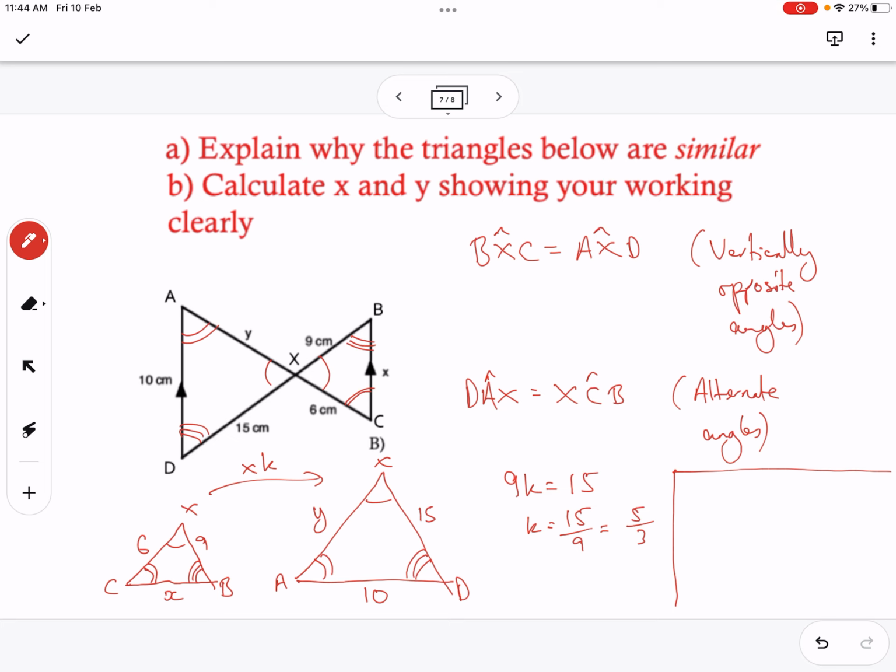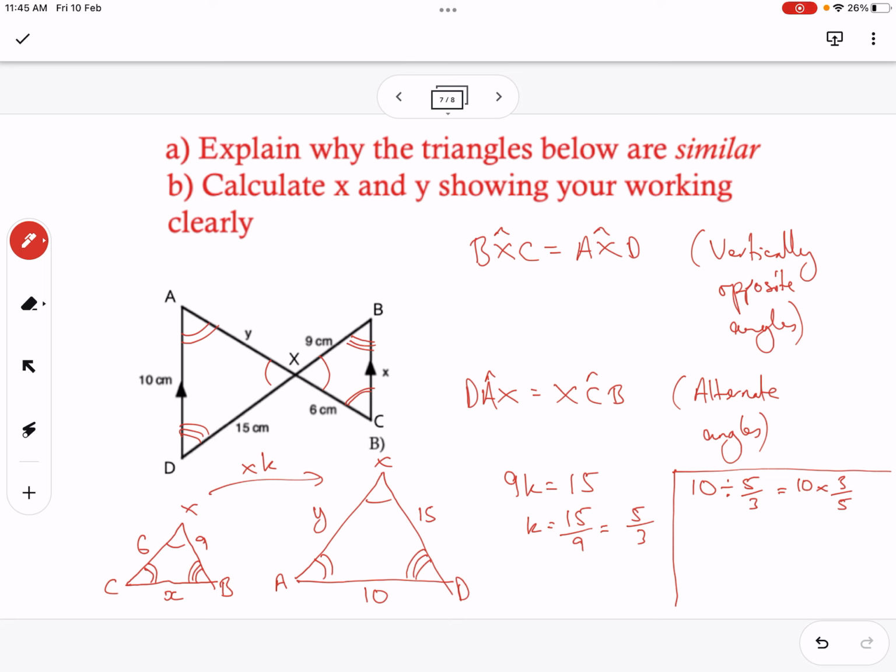What happens to work this out? The x, that's going the other way around, right? If I'm going from here to here and times by k, if I want to go this way, I must be dividing by k. So I'm going to do 10 divided by the k value, 5/3, and that's the same as doing 10 times 3/5, right?